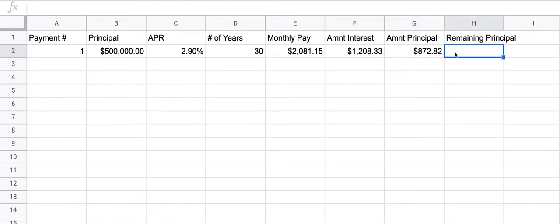So the remaining principal is equal to that original $500,000 minus the amount of that monthly payment we spent on principal. So that leaves us with $499,127.18.